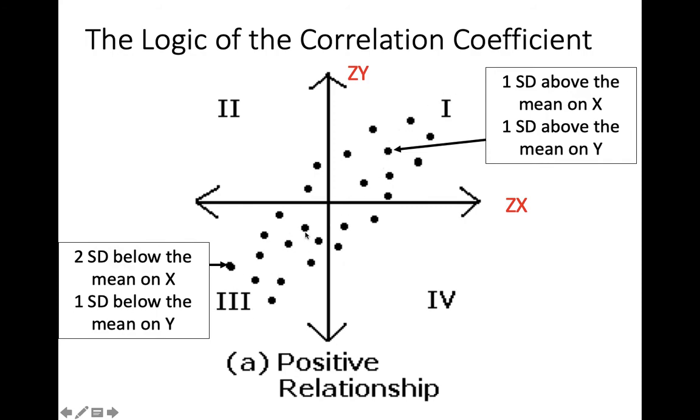Okay, so with a positive relationship, the best we can do is +1. And that would suggest that the exact amount that a score on X deviates from the mean corresponds to the exact amount that score deviates from the mean of Y.